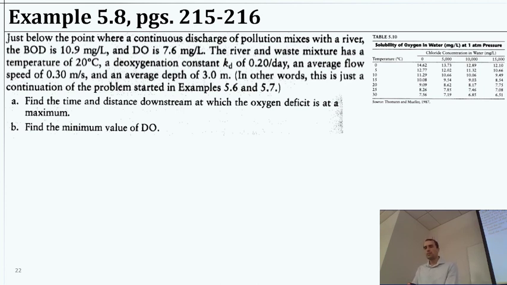So part A, find the time and distance downstream at which the oxygen deficit is at a maximum, and then also find the minimum value of DO. Okay, so it's looking for that critical time, which is related to the critical distance, and it's looking for the deficit at the critical point, I'll say C, or you could say maximum deficit.